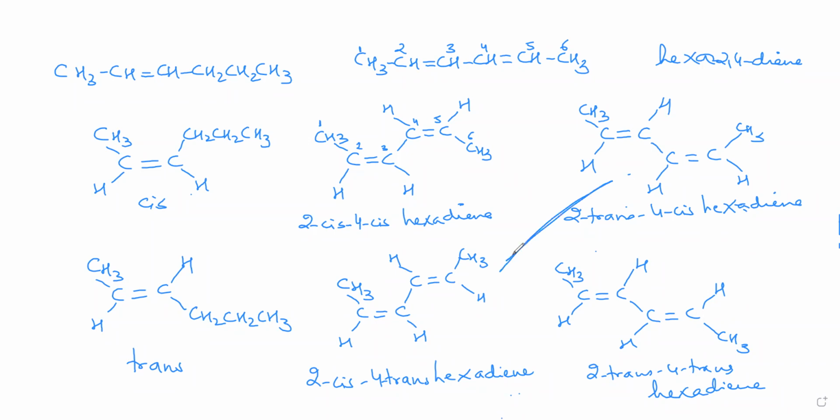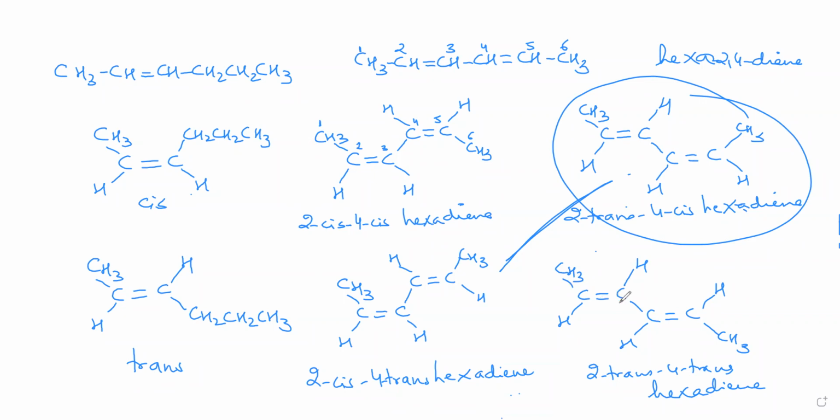Why? Because if I view the molecule from the left, I see cis first and then trans. But the same molecule, if I observe it from the right side, I'll see a trans configuration first and then a cis configuration. Is this understood? That means these configurations have become the same.